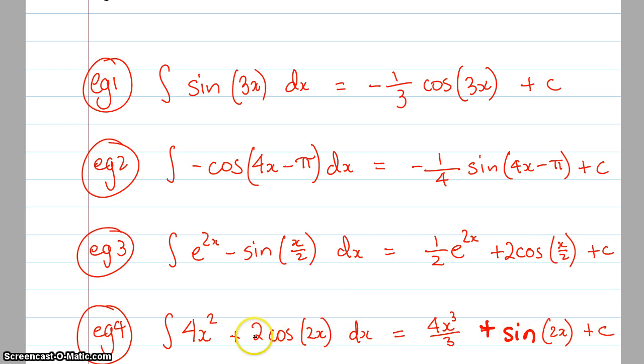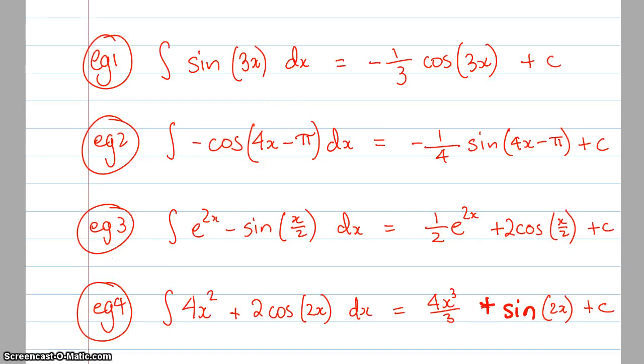And I've got 2 cos 2x, but when I do the diff of this bracket here, the diff is just 2, but then when I put it in the formula, I get 1 on 2, and then I multiply it by this 2 here, so it becomes 2 times 1 on 2, and I end up just getting 1. So it's sine 2x plus c. If you're unsure of it at all, just diff this function here, and you should get back to your original function. The diff of sine 2x would be 2 cos 2x, which is back there.